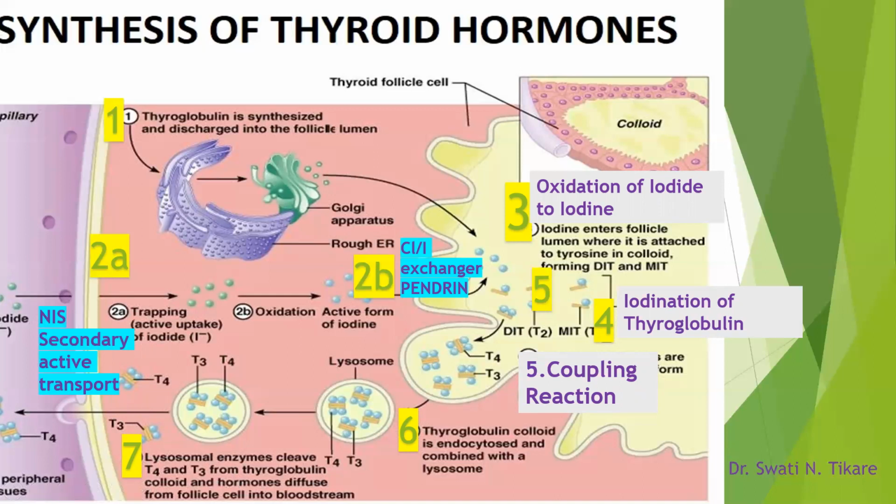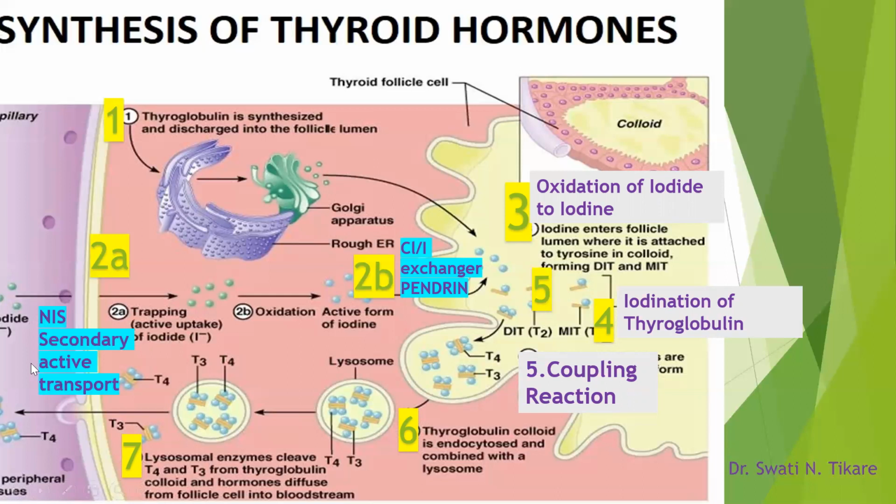They are lipophilic, so they can easily cross the cell membrane and enter the bloodstream. Okay, so this is how the synthesis of thyroid hormone happens in a stepwise manner within the colloid and then enters the follicle and goes to the blood.